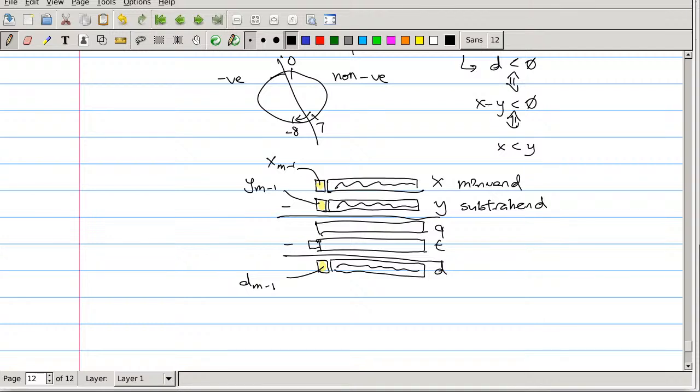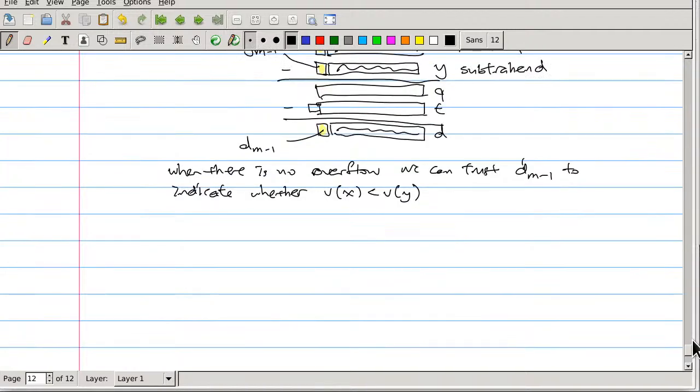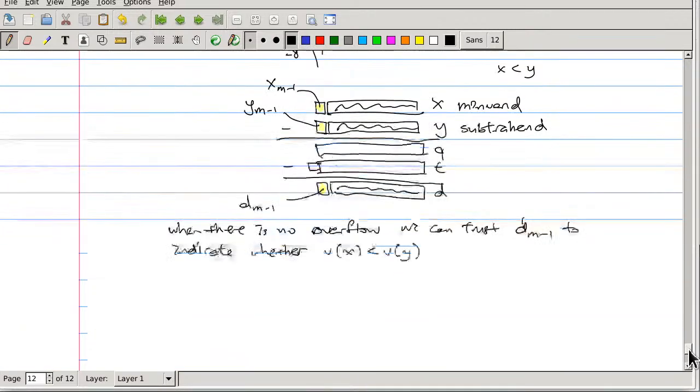So what we want to do is to say when there is no overflow, we can trust d subscript m minus 1 to indicate whether the value of x is less than the value of y. We kind of showed that already. So the only time when we cannot trust d subscript m minus 1 is when there is an overflow situation.